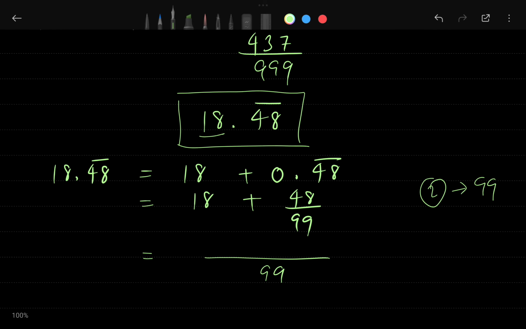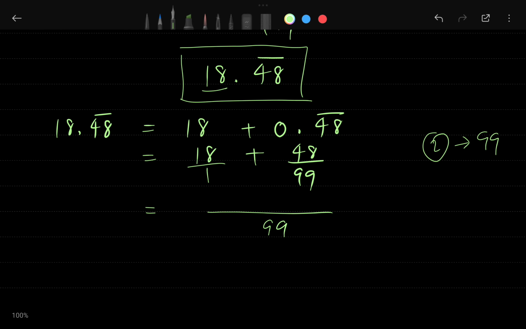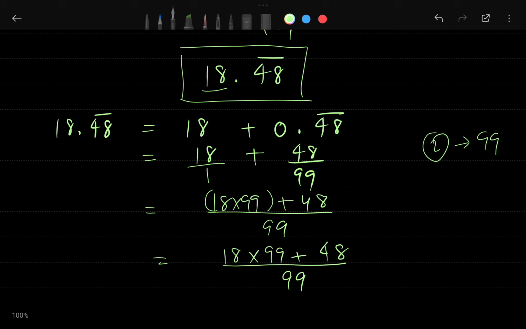So the LCM will be 99, and since there is 18 as well, I will have to multiply 18 by 99. 18 times 99 plus 48. So this would give us the answer (18 times 99 plus 48) by 99.